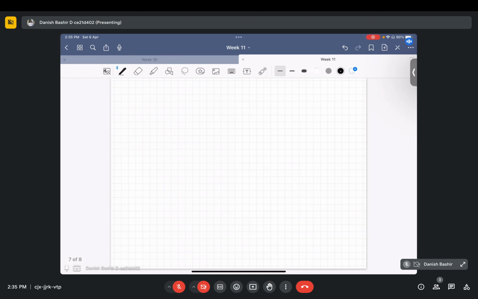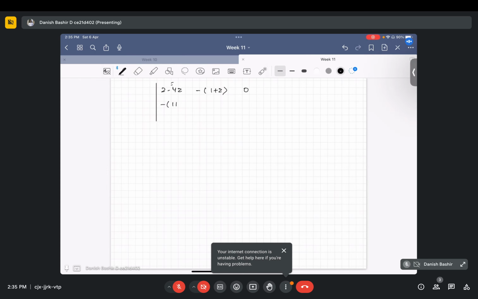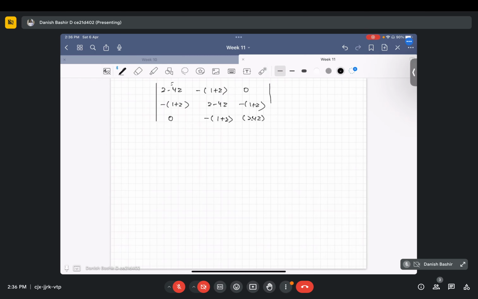So we write the determinant of this matrix: 2 minus 4z, minus 1 plus z, 0; minus 1 plus z, 2 minus 4z, minus 1 plus z; 0, minus 1 plus z, 2 minus 4z, and its determinant is equal to 0.